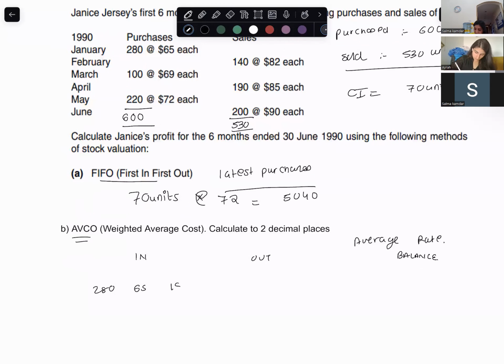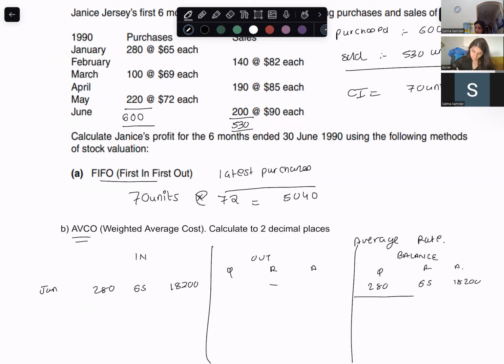So it becomes 18,200. You put quantity, rate and amount. So the balance is also 280 units because there is no issue for Jan, at the rate of 65, 18,200.